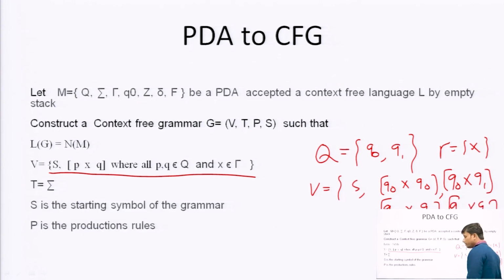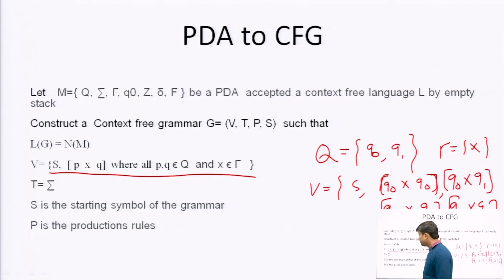Like that, the variables will be created for all the states, where all p and q belong to Q. Whatever we have written here in square brackets are variables of the context free grammar.